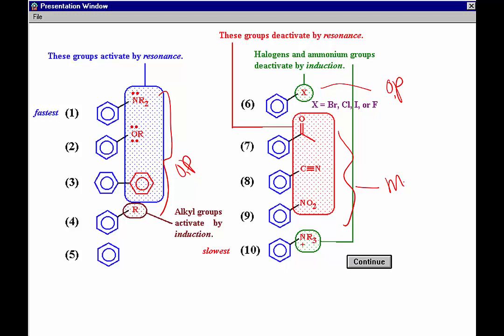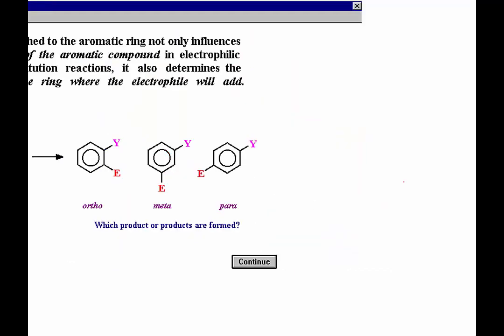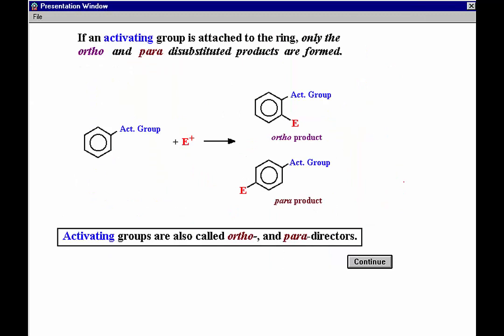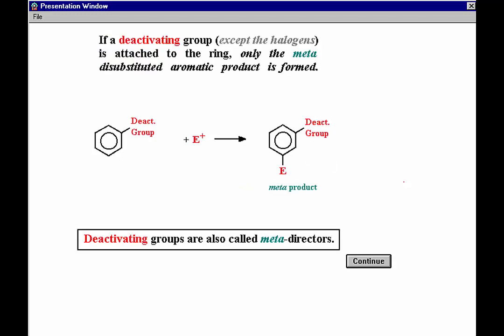Okay, so that's where we were at, and we went through the mechanisms. Just to go back, activating groups direct the electrophile to add ortho and para. And the deactivating group then directs the electrophile to go meta to it.